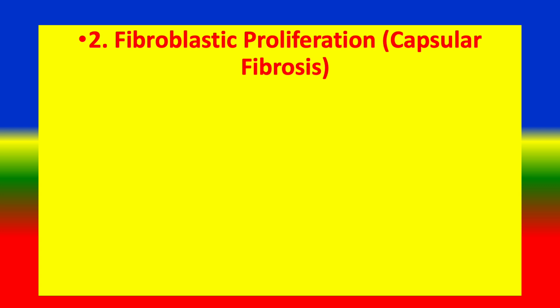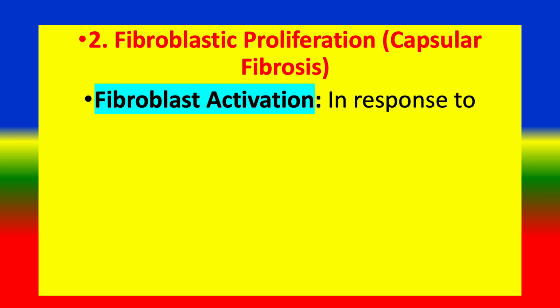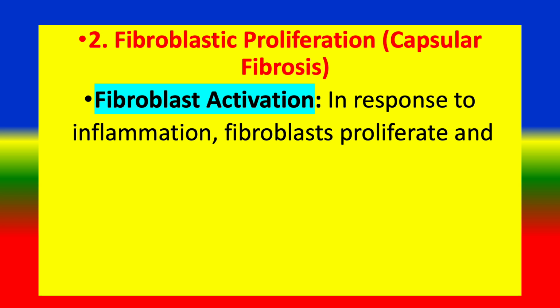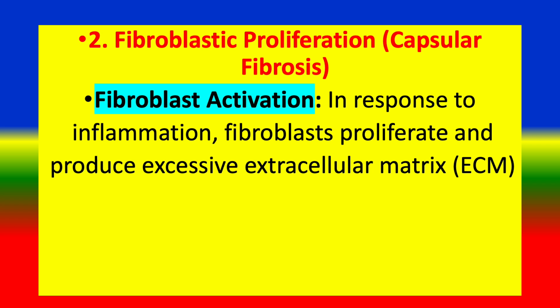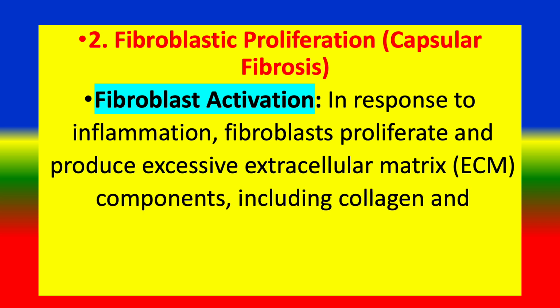2. Fibroblastic proliferation, capsular fibrosis. Fibroblast activation: in response to inflammation, fibroblasts proliferate and produce excessive extracellular matrix components including collagen and fibrin.